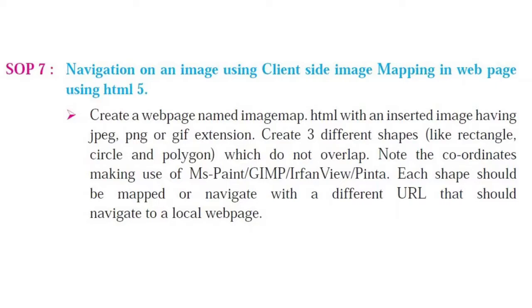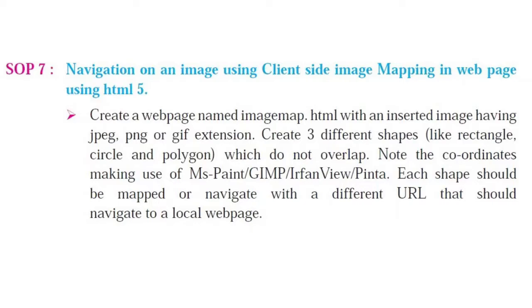They have told us which app we can use to note the coordinates, that is MS Paint, GIMP, Irfan View or Pinta. So these are some apps which you can use to find the coordinates.